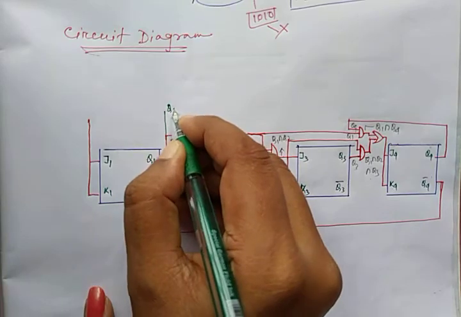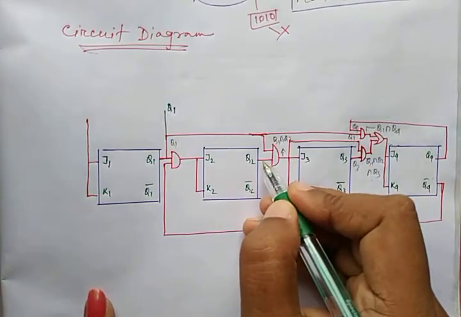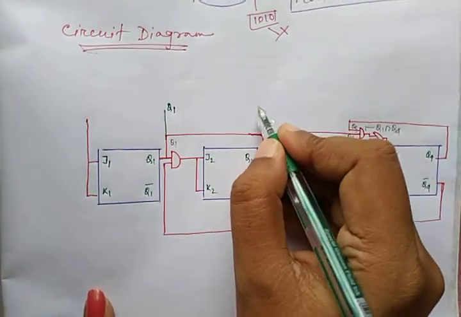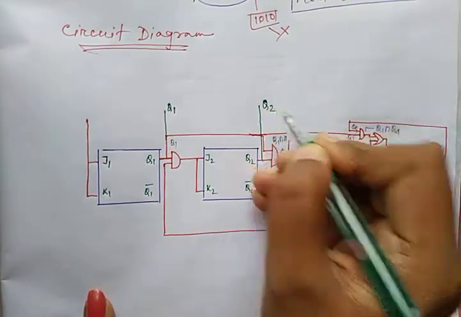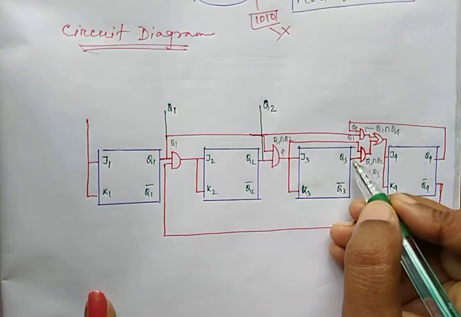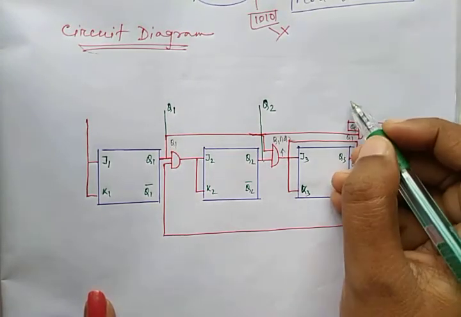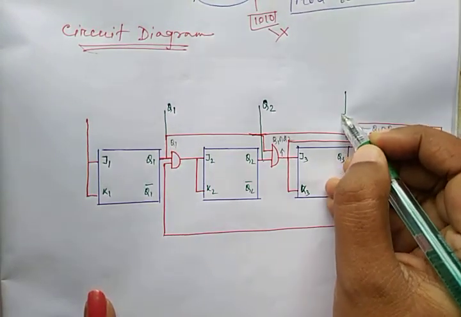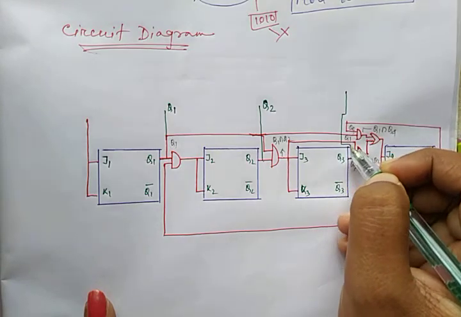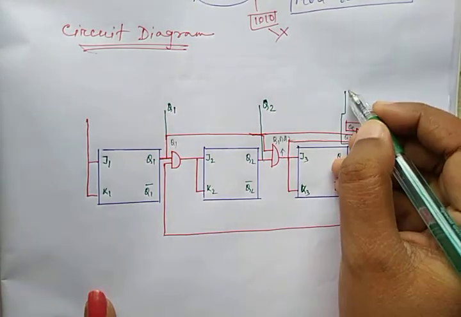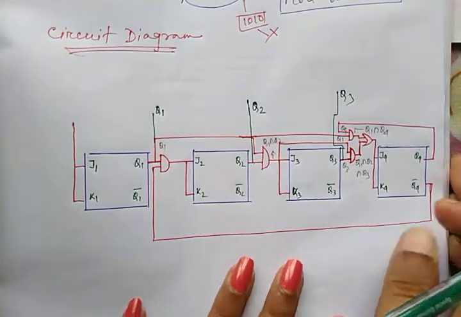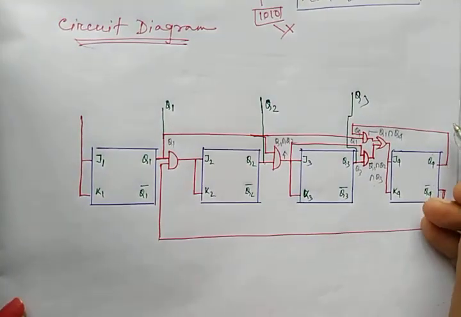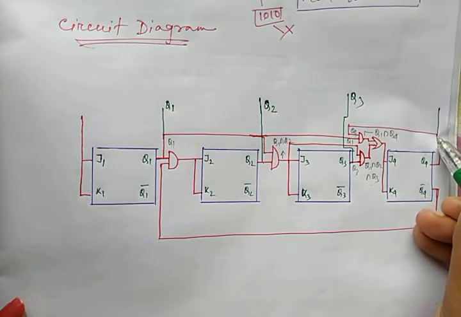This is our Q1, Q2. This is same as our synchronous flip-flop. Again Q3, and obviously our Q4.